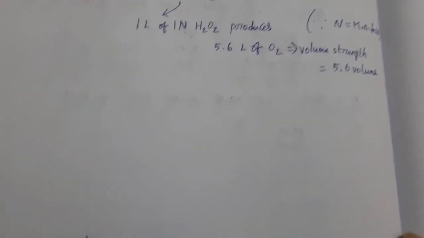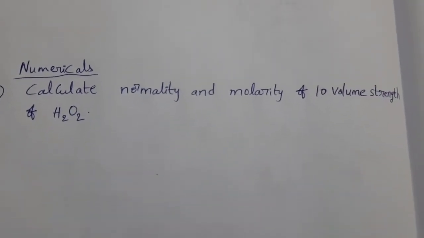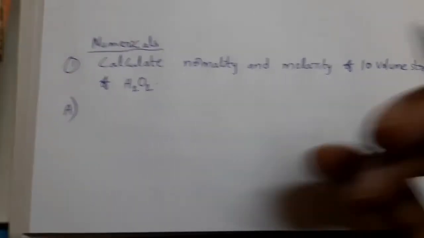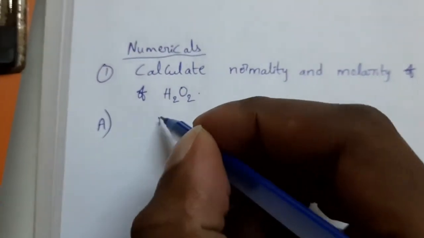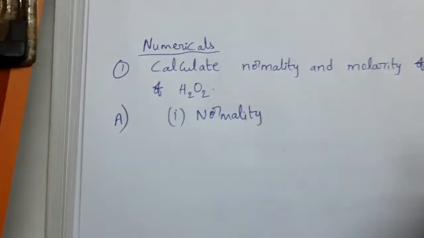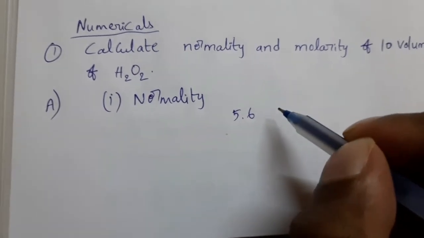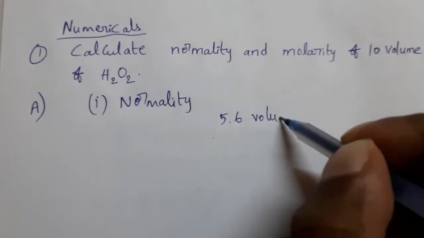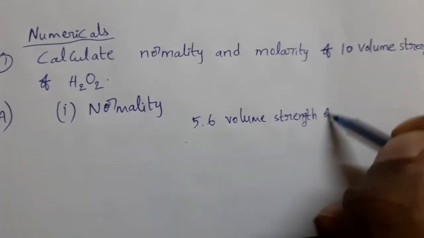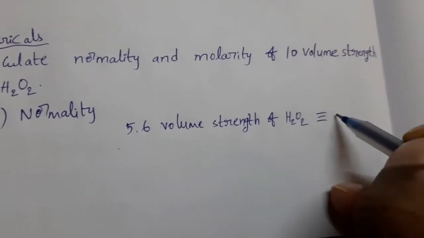Now, see the numericals related to this. Calculate normality and molarity of 10 volume strength of H2O2. First, calculate normality. We know that 5.6 volume strength of H2O2 is equal to 1 normal.